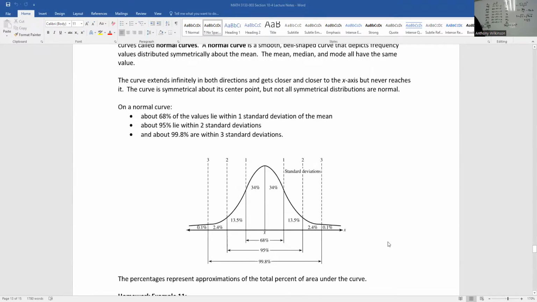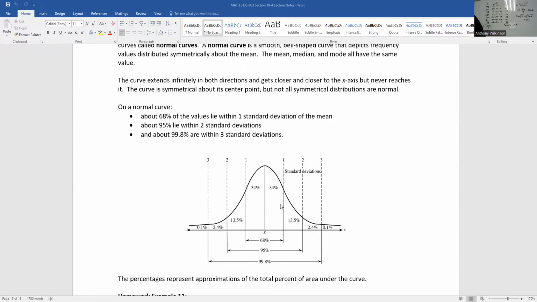Now, on a normal curve, notice these numbers that you see here, the 68, 95, and 99.8%. In statistics, we call that the empirical rule. With a normal curve, about 68% of the values lie within one standard deviation of the mean. So here, to the left and to the right, we've got 34 and 34, add those together, you'll get 68%.